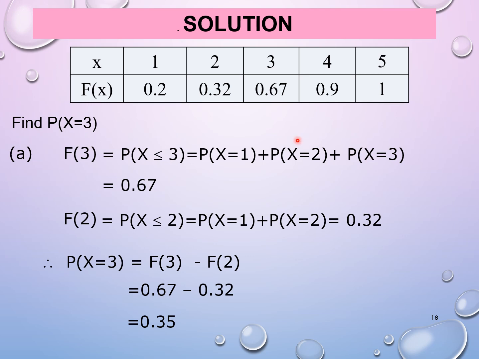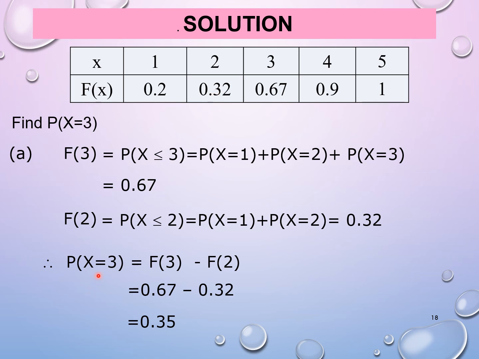You straight away get the answer here, because this is the cumulative of 3, so it is actually 0.67. And for F2, F2 means the probability of x less than or equal to 2, which is equal to probability x equal to 1 plus probability of x equal to 2, which you also get straight away from this cumulative.